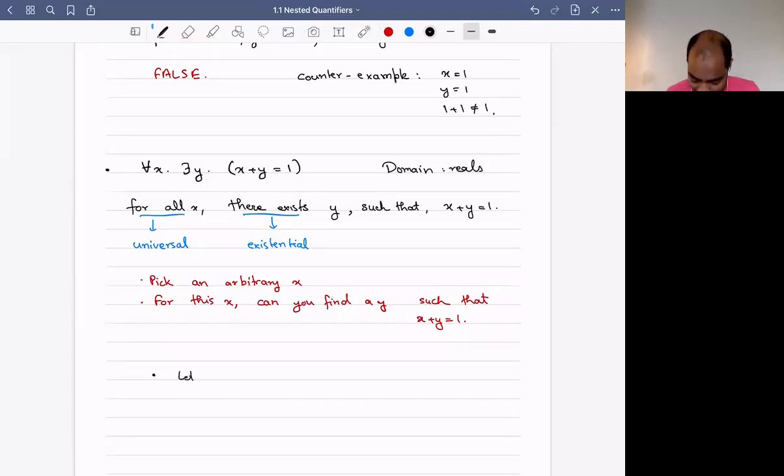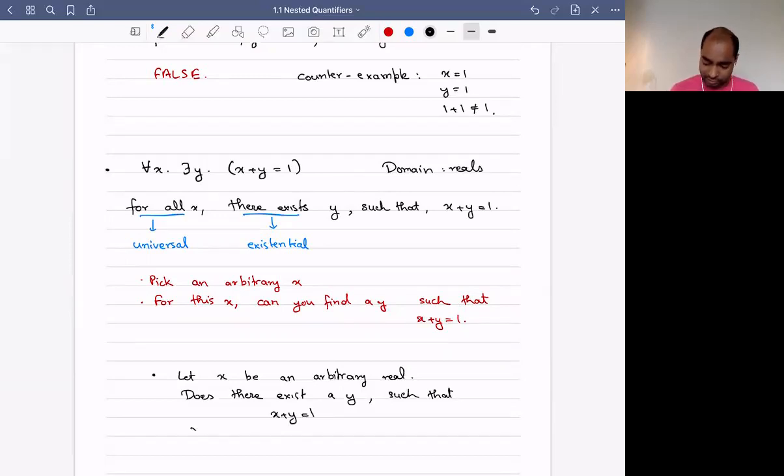So let x be an arbitrary real number. Now for this x, does there exist a y such that x plus y is equal to 1? And the answer is yes.